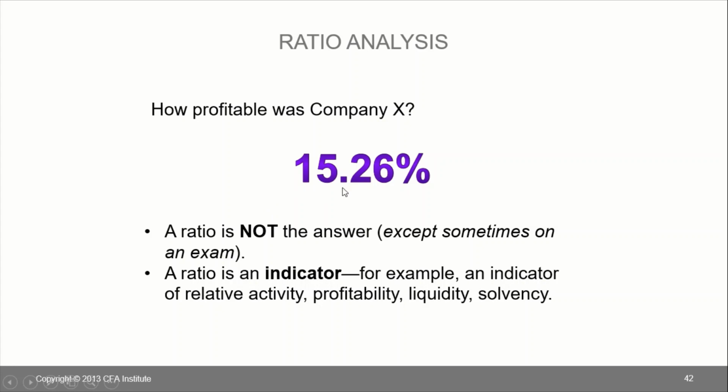But this one is not an answer, but rather just an indicator. So when we say indicator, it's just a sign, no? It's just a glimpse. It's just a component. Okay? Indicator lang, hindi siya yung pinakasagot.